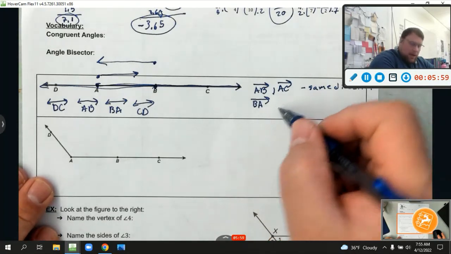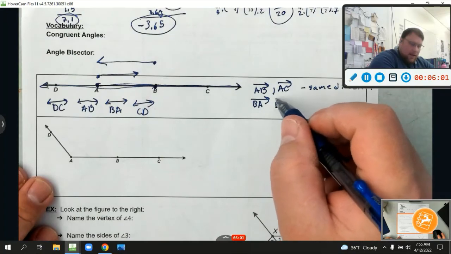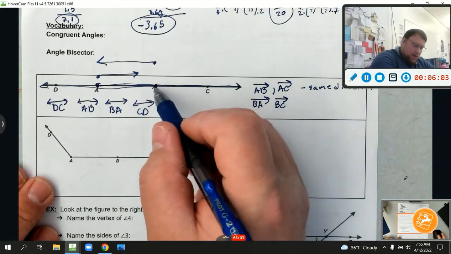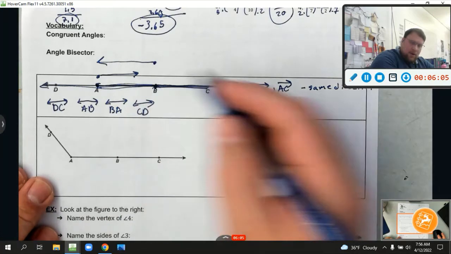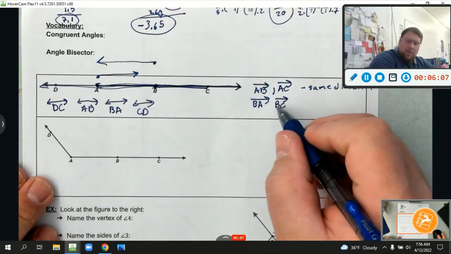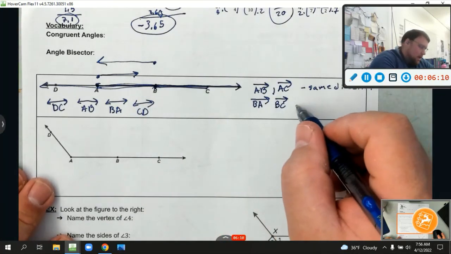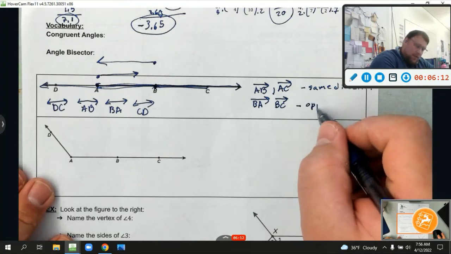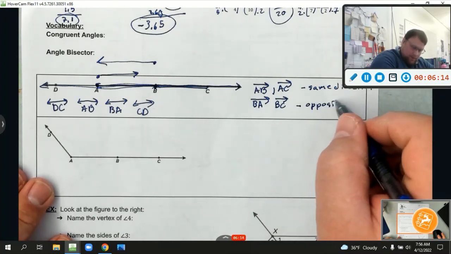But ray BA and ray BC, because BC is going this way, BA is going this way. Those are two rays. They have a common endpoint. They both start with B, but they're going in the opposite direction. So they're opposite rays.